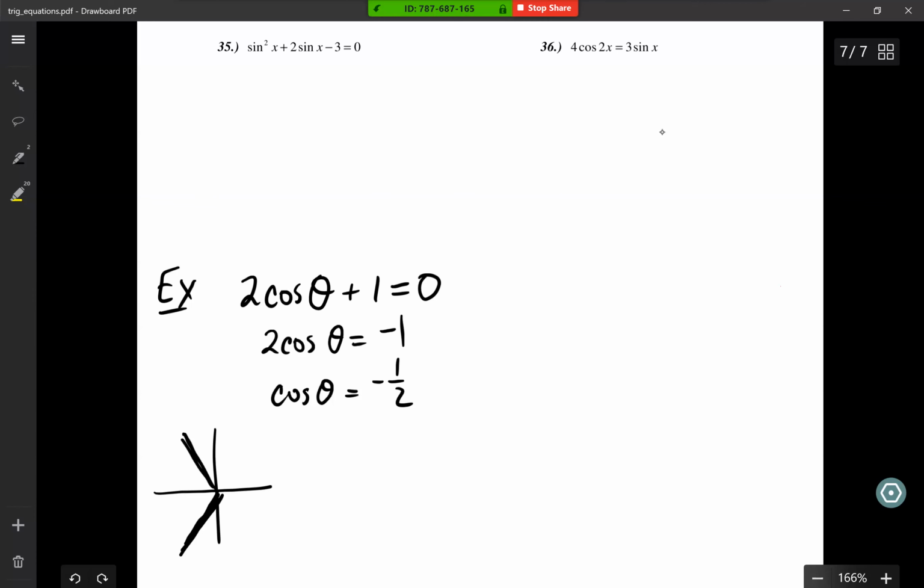In the previous example, we said this one was 4 pi over 3, right? What's the one in quadrant 2? What's the pi over 3 angle that's over in quadrant 2? Yeah, it's 2 pi over 3, right? So this tells me that my theta has to be 2 pi over 3, or theta has to be 4 pi over 3.